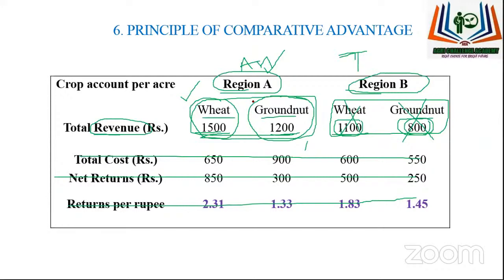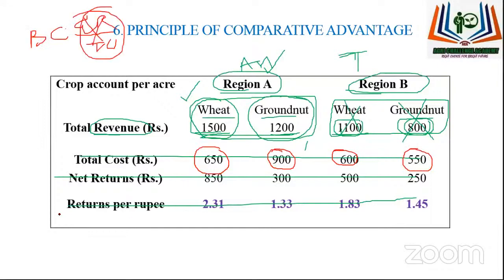Yes, I accept that, but considering the cost also, 1 rupee of investment gives how much returns? So we are considering the cost also, along with total returns. This is the BC ratio: gross returns divided by total cost, the returns per rupee, which tells us which product is good or bad.